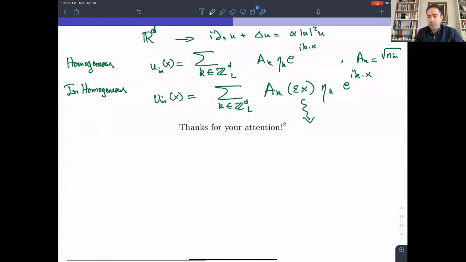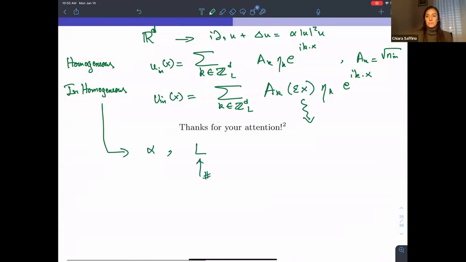Now in the inhomogeneous setting, you have three parameters. You have alpha, the strength of the nonlinearity, and L, which you can keep calling the size of the box, but really L to the d is the number of waves.